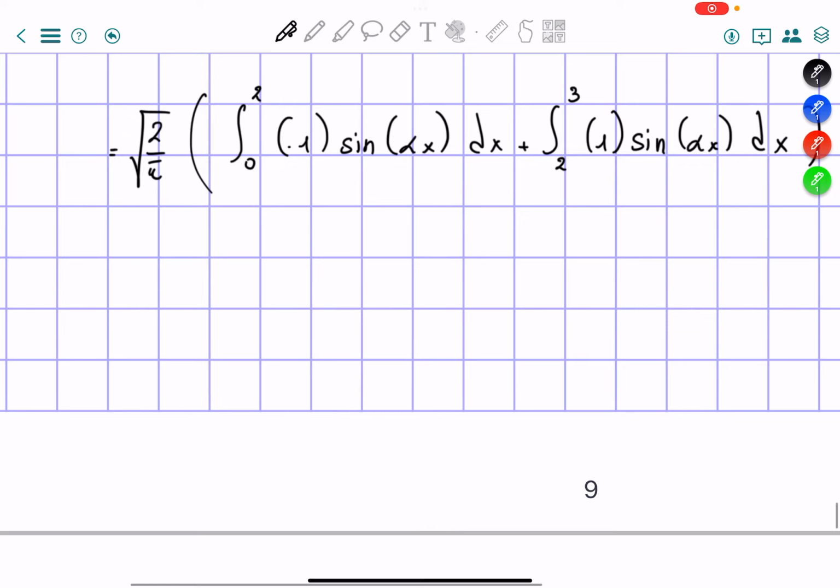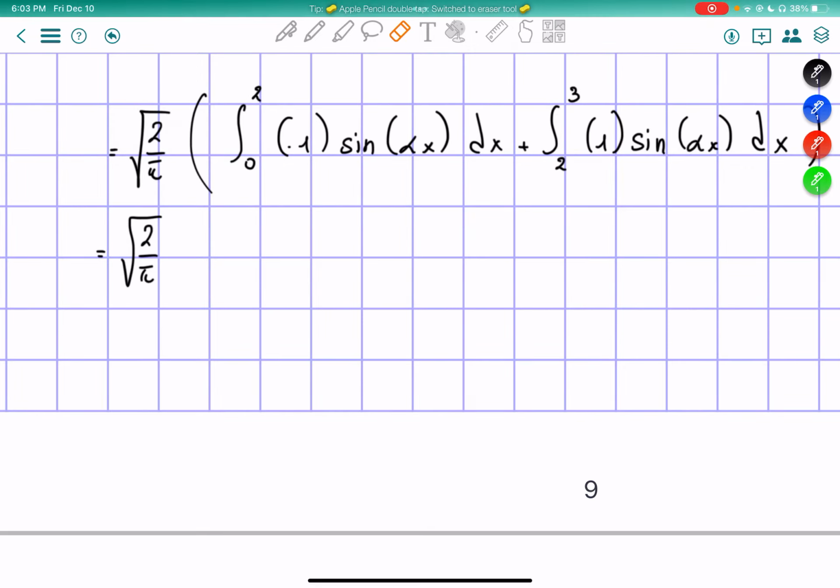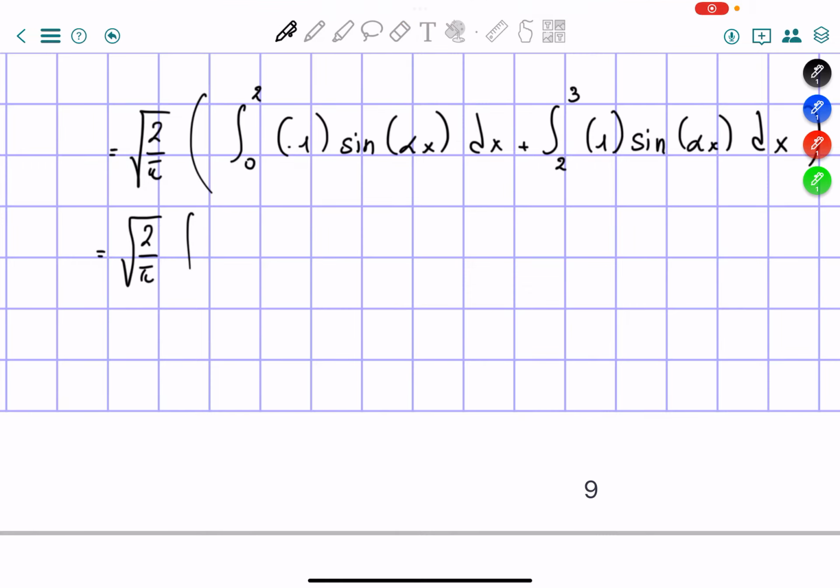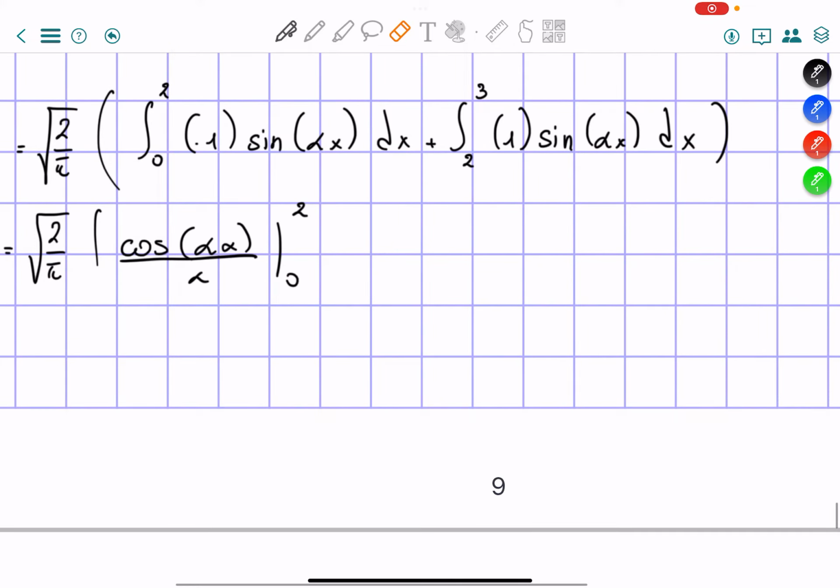When we solve this, we get square root of 2 over pi times what's inside the parentheses. The integral of sine is negative cosine, so it's going to be positive cosine of alpha x over alpha from 0 to 2, plus, actually going to get minus here, cosine of alpha x over alpha from 2 to 3.